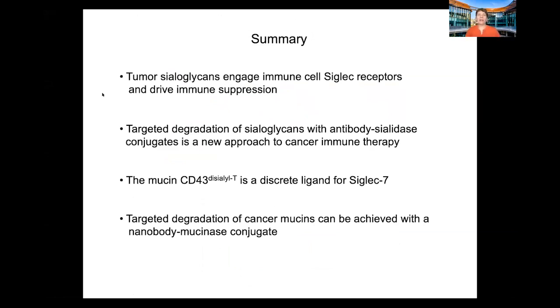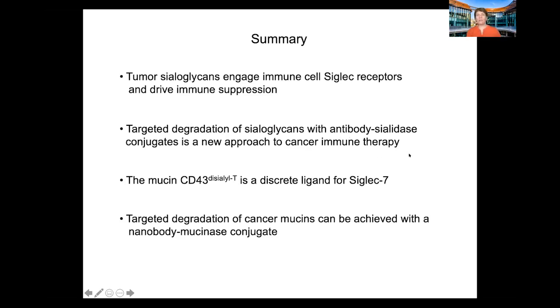But just to summarize, I started by explaining that over the last decade, the community recognizes that tumor sialoglycans are engaging Siglecs on immune cells, and that this drives immune suppression and allows tumors to thrive. And we can undo that by targeting sialoglycans on the tumor cell surface with antibody sialidase conjugates.